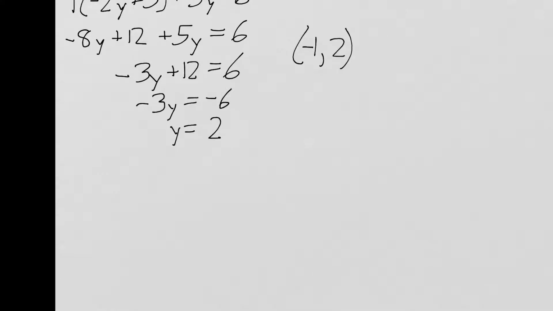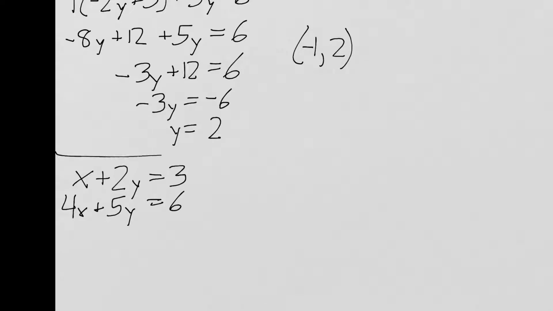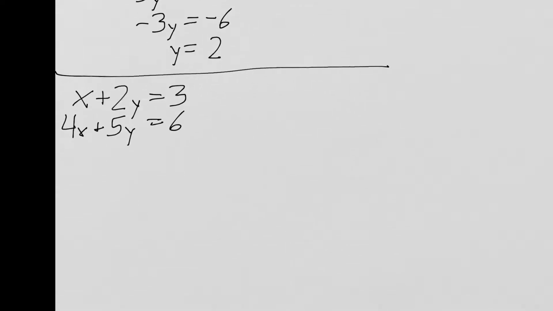We also could have done it so we have the same system of equations here. And this time, we're going to solve it using the elimination method. So what I'm going to do is multiply both sides of that first equation by negative 4.